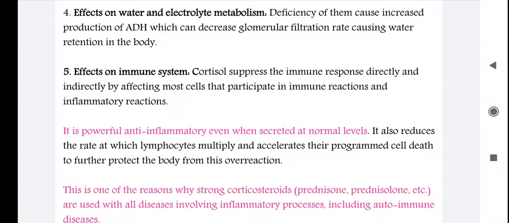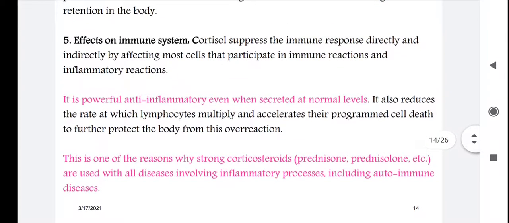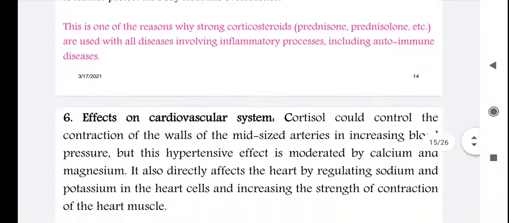For that reason, strong corticosteroids are used in all diseases involving inflammatory processes, including autoimmune disorders, to have an immunosuppressing effect on the immune system.